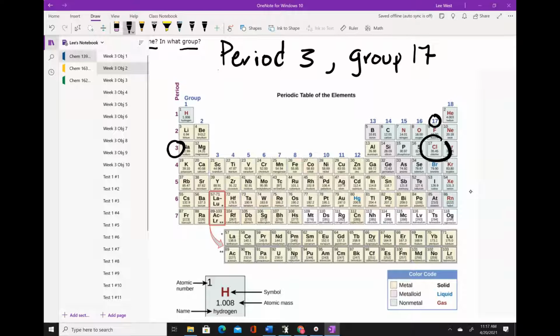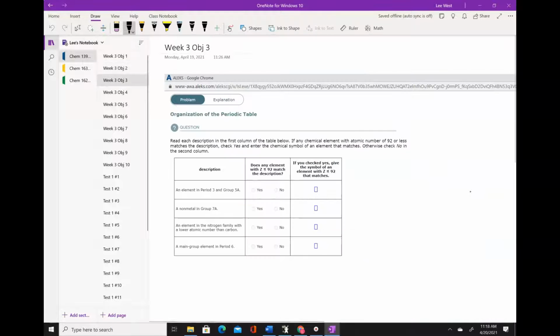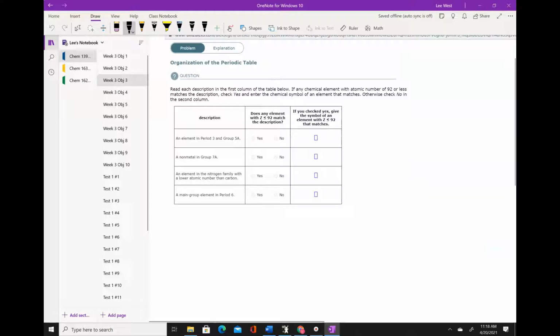Now, if you want to use the North American numbering system for the groups, you could say that it was in group 7A, but you can't say it's in group 7. Group 7 is the manganese group. You have to say it's in group 7A. Okay, that's pretty easy again, right? It's just not making a mistake. Just be very careful to read it correctly. Double and triple check that.